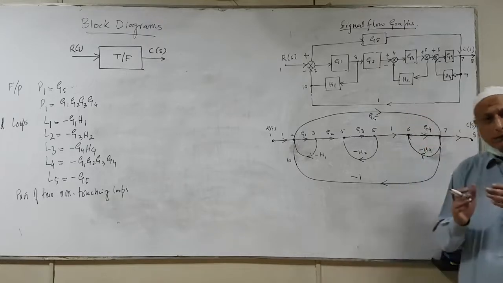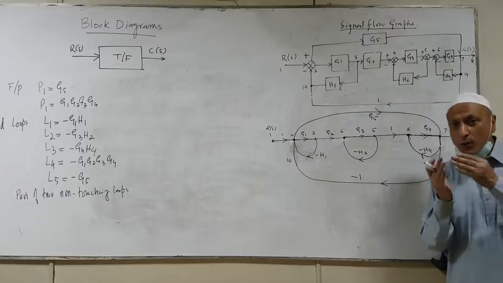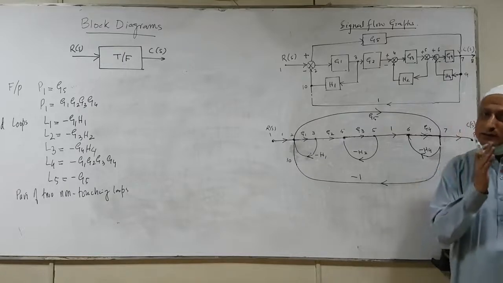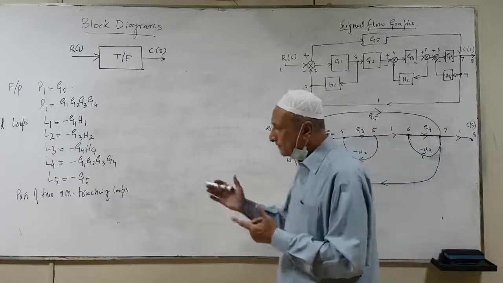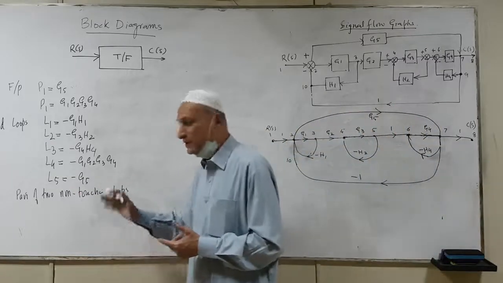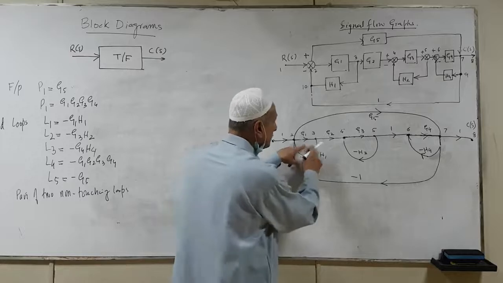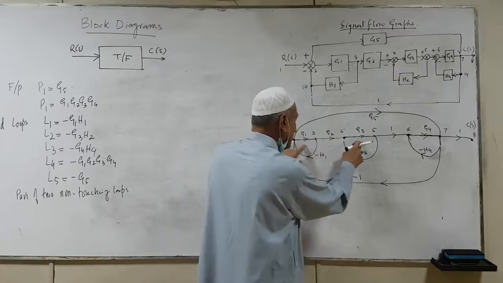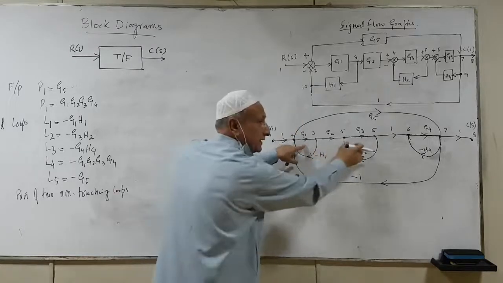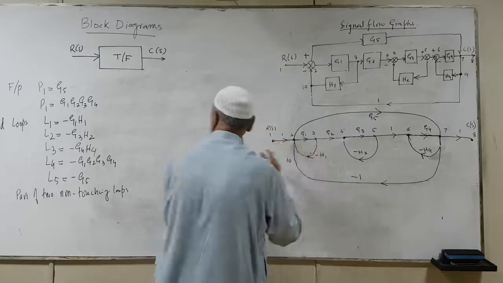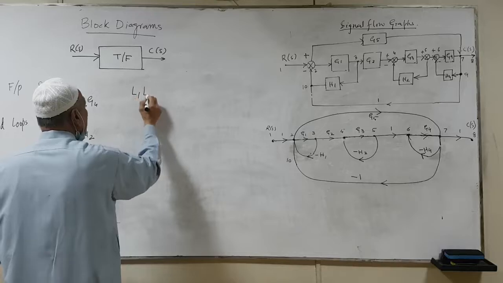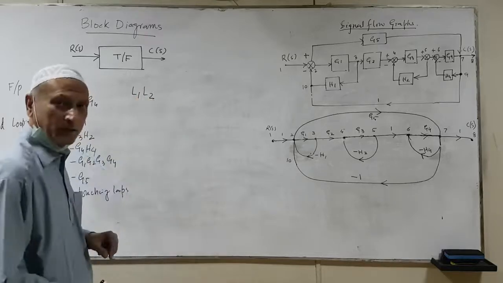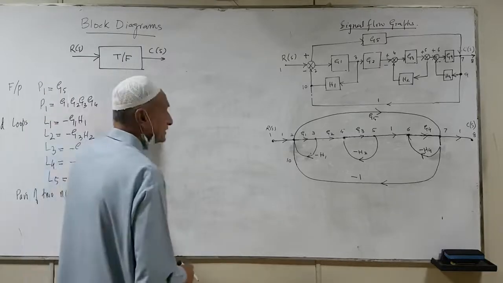So if you have two loops and there is a node in common, it is supposed to be touching loops. So all those possible combinations are the pairs of two non-touching loops. For example, this loop and this loop are non-touching because there is no node common. So we can say that non-touching loops are L1 and L2.